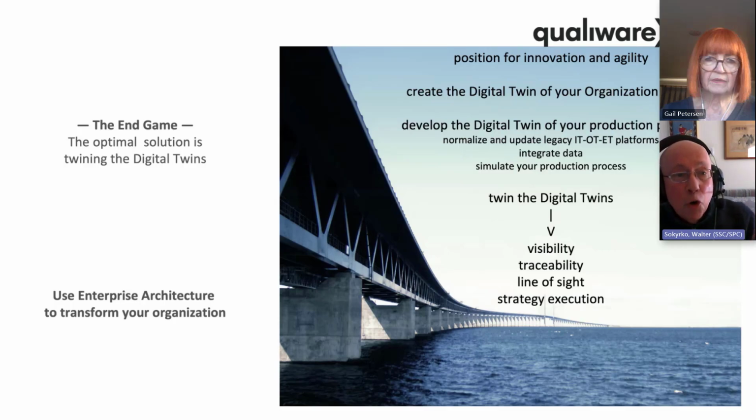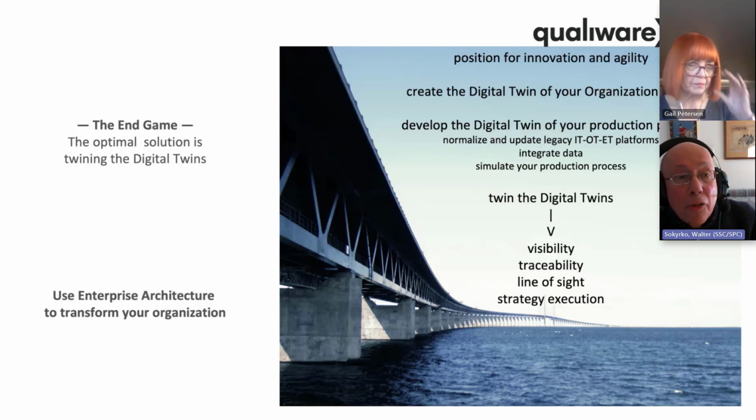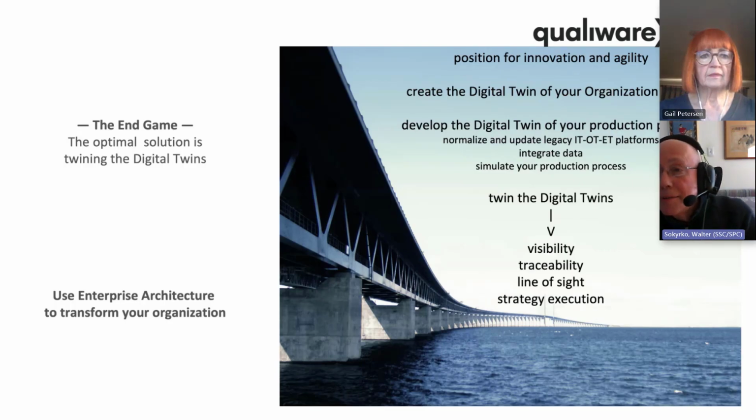But if the goal of the organization is to eventually merge this data, then you have to merge the organizational structure first. Otherwise, the organizations put up barriers to the merger. That's my comment. Thank you.